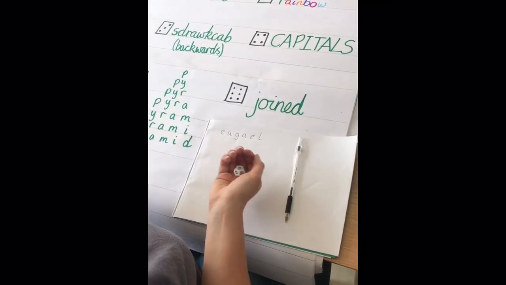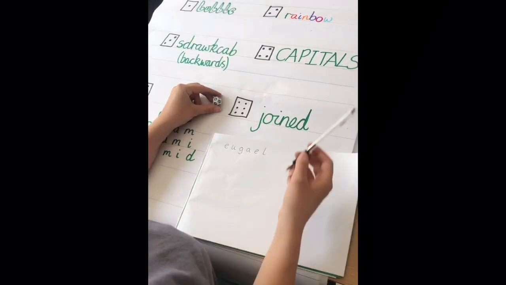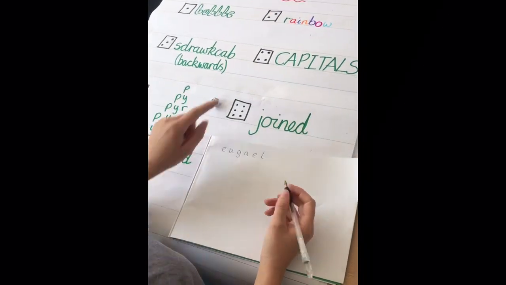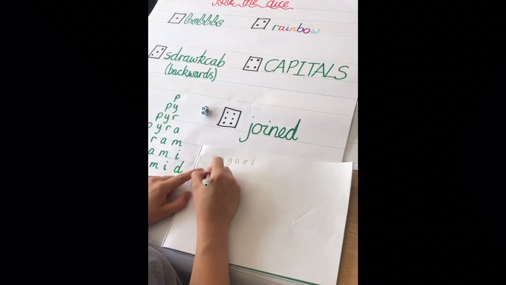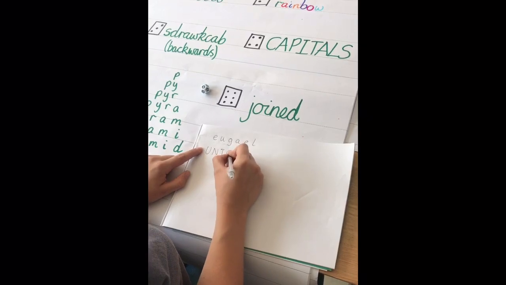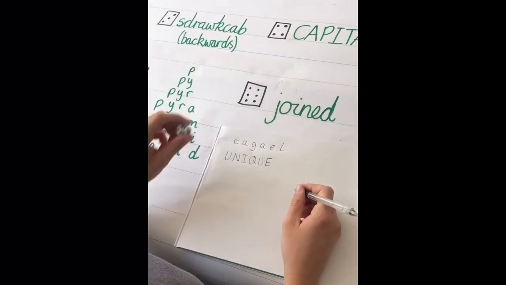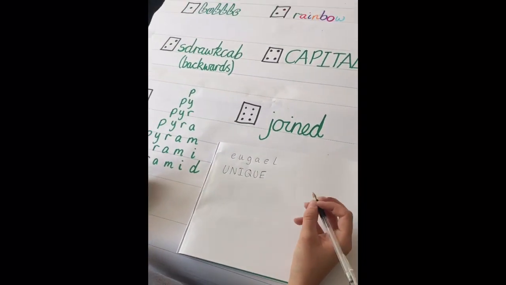Okay, I'll have one more go. Okay, so this one I've got 4 and I'm practicing unique next. So I need to write this one in capital letters. Okay, pause the video now, go grab a dice and have a go for yourself.